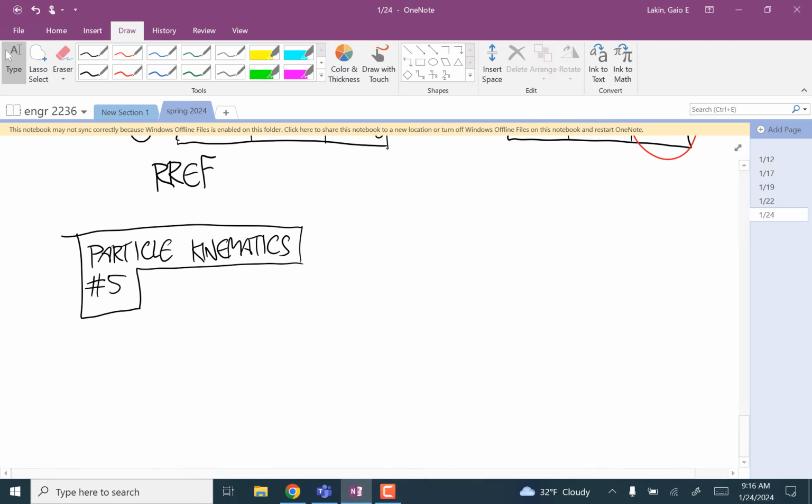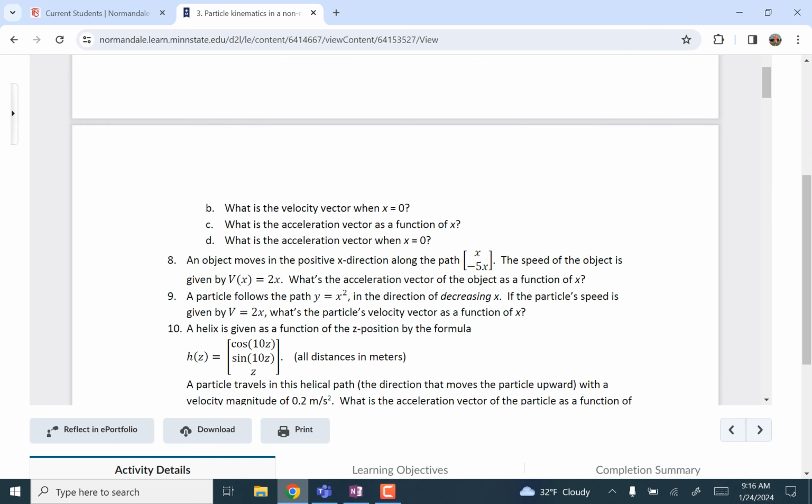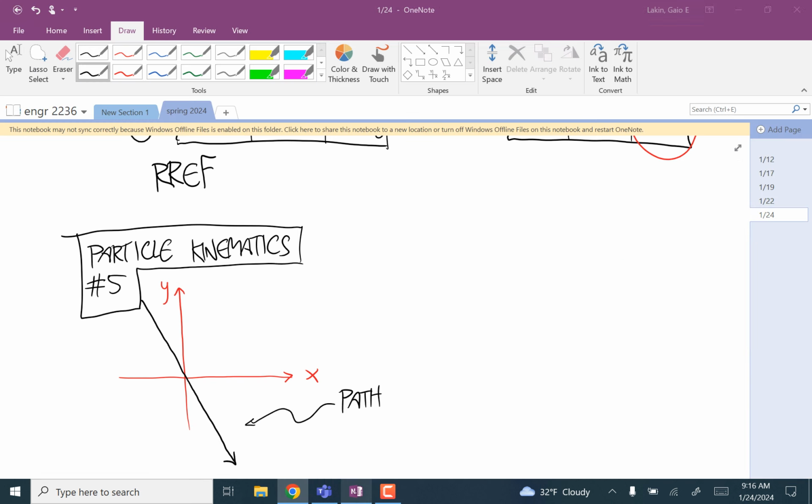So what this thing is doing is, if this is the coordinate system, it's following a path like this. Okay? And the speed was 2x.